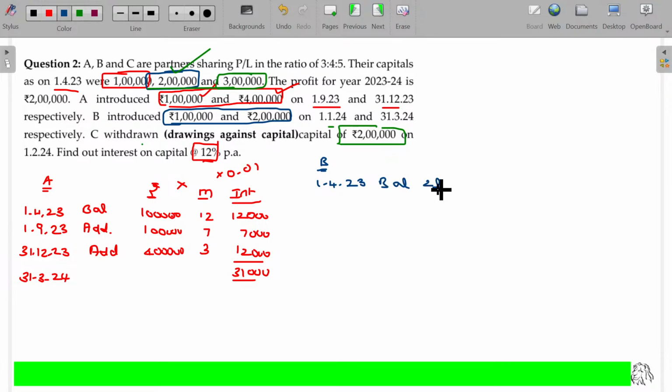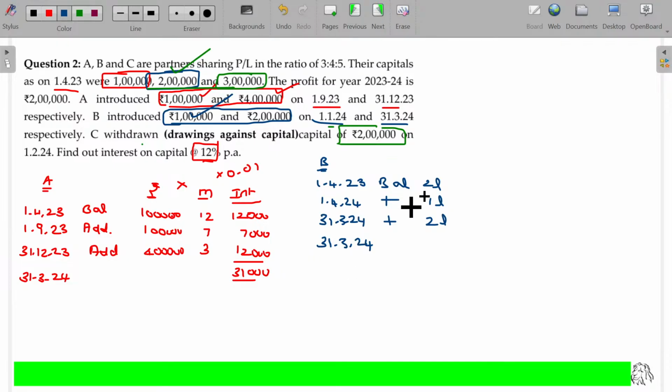How much he has? 2 lakhs. Again, he introduced another 1 lakh and another 2 lakhs. This 1 lakh being on 1/4/24. This one being 31st March 24. Year end being 31st March 24.